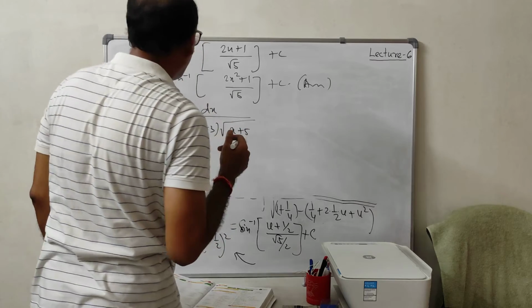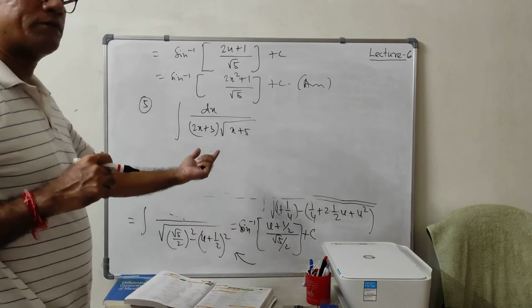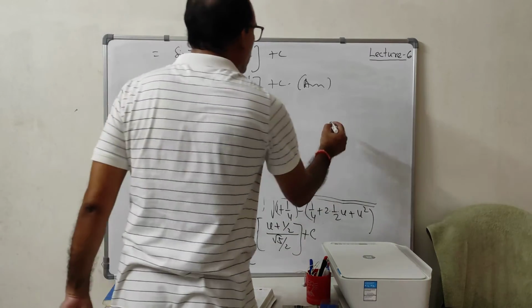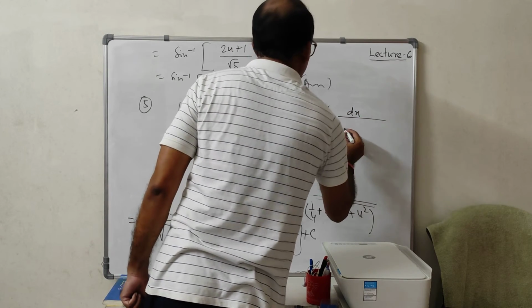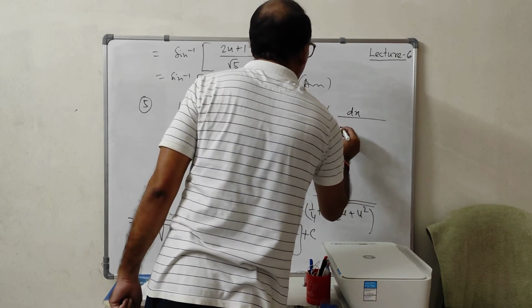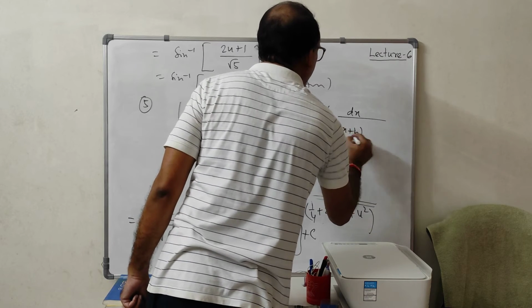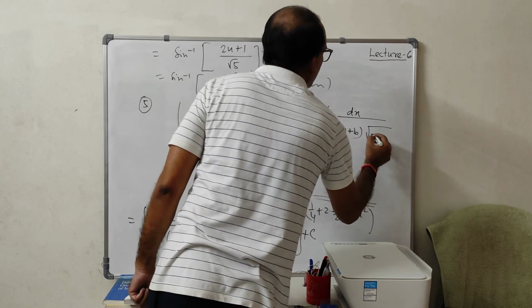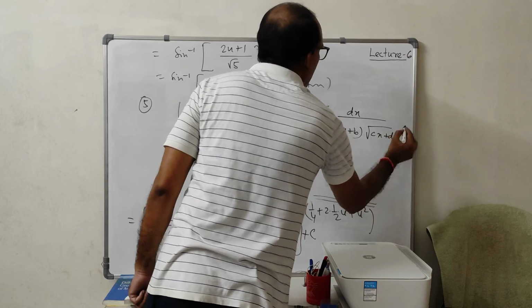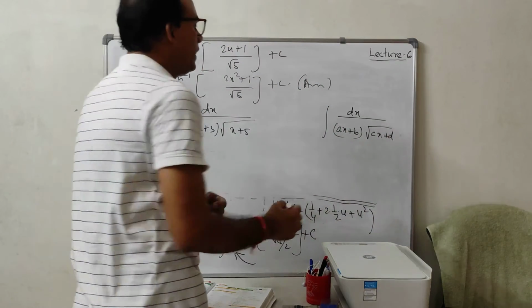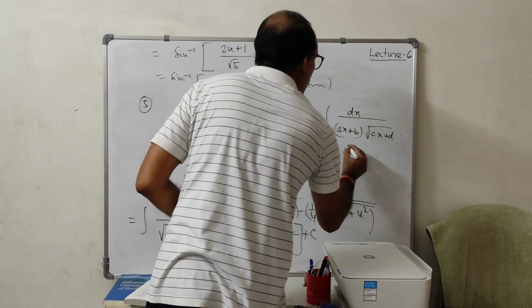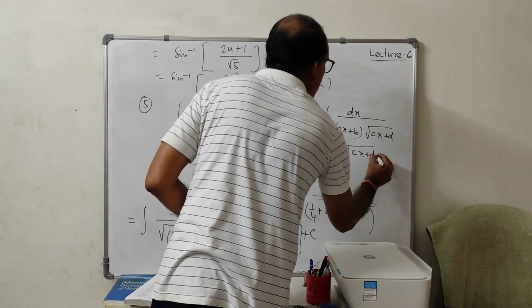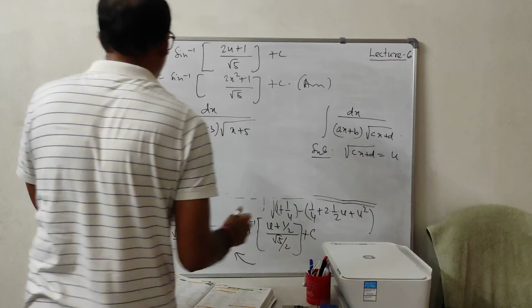Remember, I discussed this type of integral in our lecture 4 under the form x plus b, something like that, root over of cx plus d. And for this type of integral, you have to make the necessary substitution. I told you that root over of cx plus d equals some new variable u.